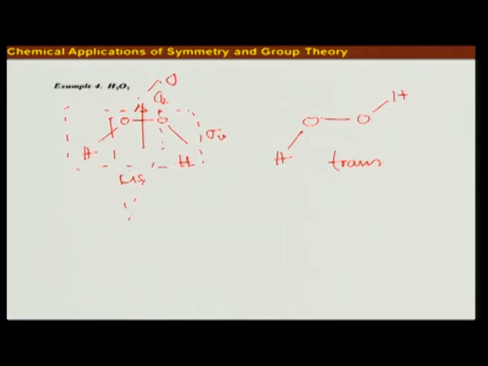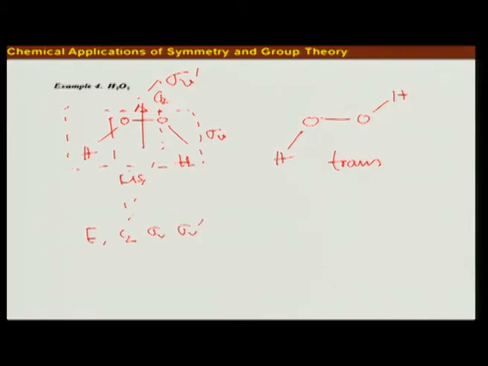This is another sigma plane which I call sigma V prime, and this sigma V prime is perpendicular to the sigma V. So these are all the symmetry operations that I have: E, C2, sigma V and sigma V prime.